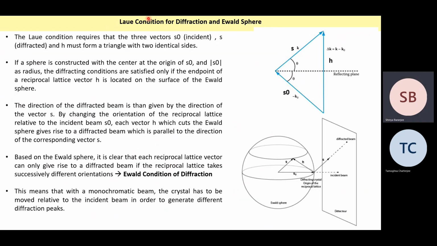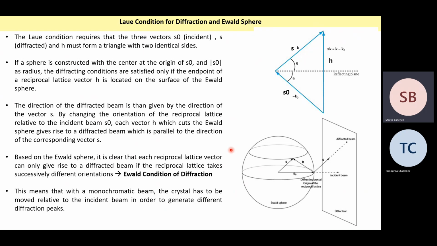So far you have seen the Laue condition for diffraction, and now we will study something called the Ewald sphere. The Laue condition requires that the three vectors, S0, the incident vector, S, the diffracted vector, and H, which is the difference between the incident and diffracted vectors, must form a triangle with two equal sides.